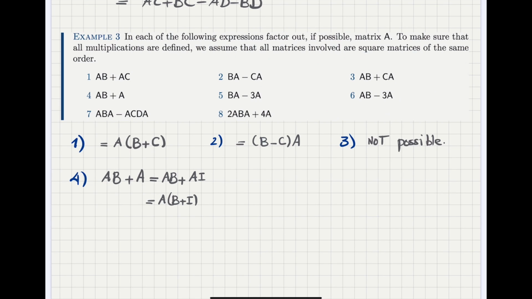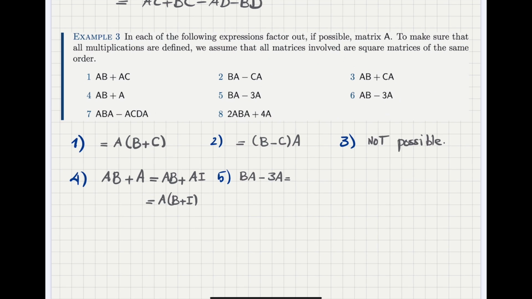Okay, and let us go to the next one, number 5. So what can I do? Do you think that I can factor something out in number 5? Yes? Yeah, 3 times identity, exactly.